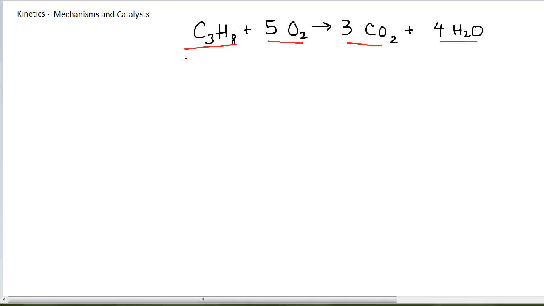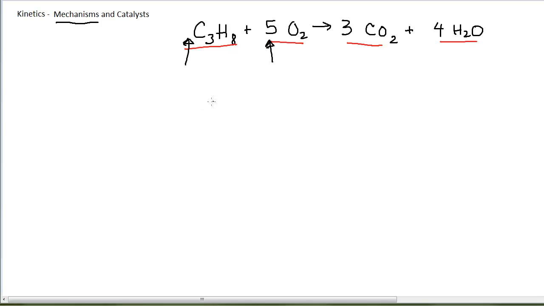And we don't find that this reaction is first order in propane and 5th order in oxygen. The orders for the rate law do not necessarily correspond to the balancing coefficients. So what do the orders correspond to? Well, now we're talking about looking at a mechanism for a reaction.